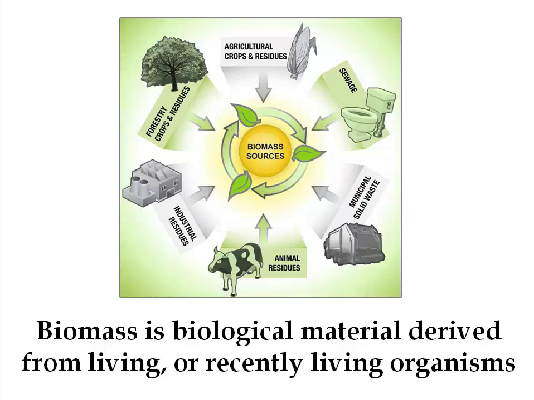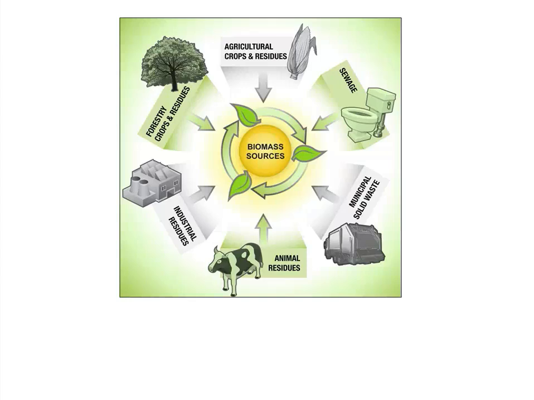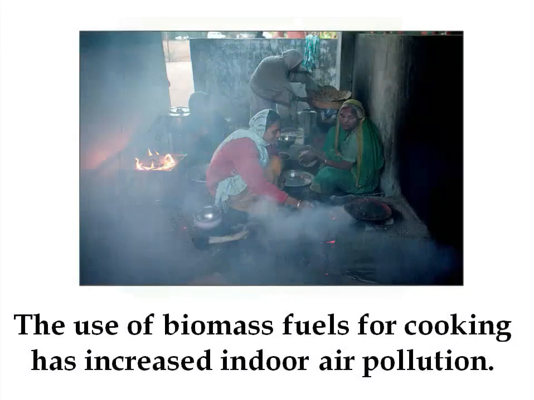That means animal residue, agriculture waste, sewage waste. Anyway, if you are using some biological material to form some burning material, it leads to such kind of indoor air pollution, because they are burning wood, or they are burning gauri, we say cow dung cake.